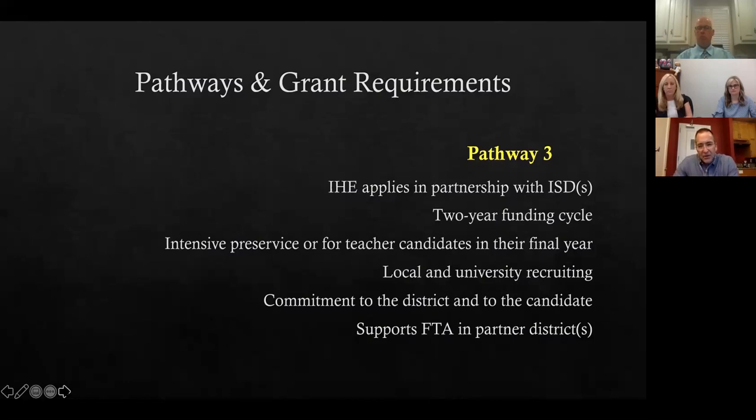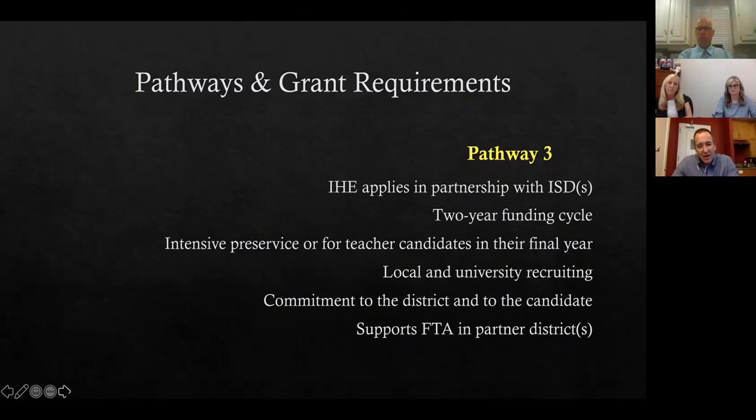Also new to this year is that the district makes a commitment in coming into this partnership that they will hire the individual who's prepared in their school district. So it's tempting to say, yes, I want 35 student teachers out in my school district every day, but I can really only hire 5 of them. Well, the grant is structured in such a way that the district makes a commitment that if you bring somebody into your school district for teacher preparation, you will in fact offer them work.